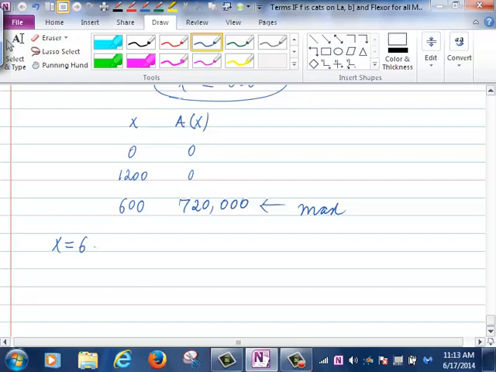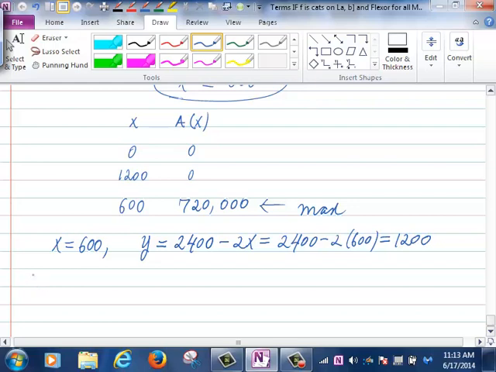Now, we got that x is 600. Then, what should y be? What should be y? Yes, y. Everybody says y is 1200. Remember, y was 2400 minus 2x, right? So if I replace x by 600, then I get 1200 here.